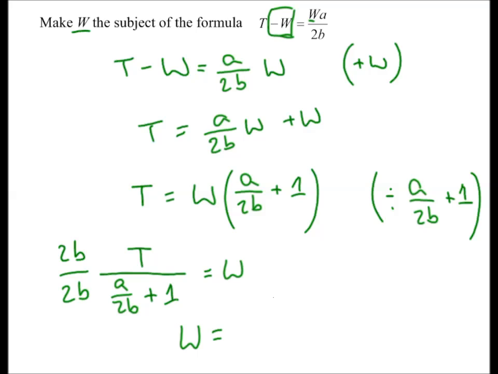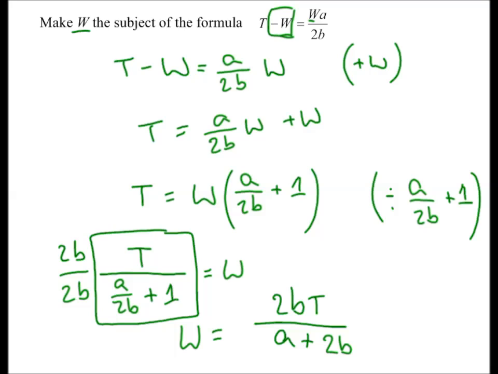So on the top I'm going to get 2b times t, and on the bottom I'm going to get, well, a over 2b times 2b just leaves me with a, and then 1 times 2b is a plus 2b. It just looks a bit nicer. This bit wouldn't necessarily be wrong, but I'd really recommend trying to leave your answers in as nice a form as you can. It's good maths.